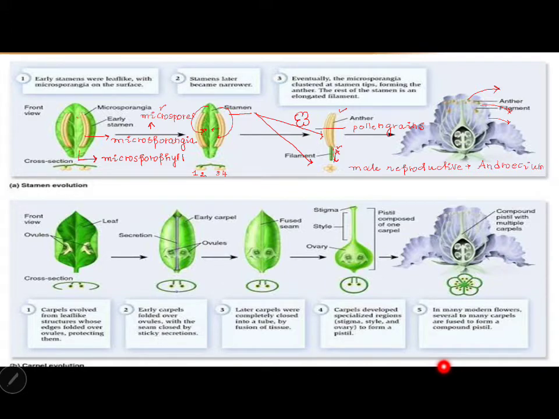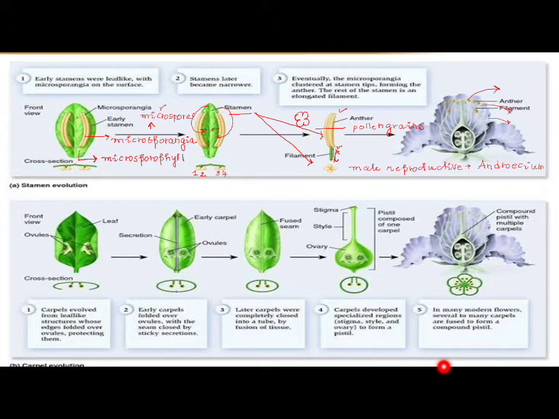I hope now you understood how we got the anther holding 4 microsporangia producing spores, held high by means of a filament, forming androecium from its precursor, which has microsporophylls holding microsporangia.